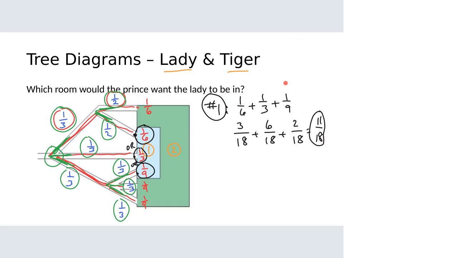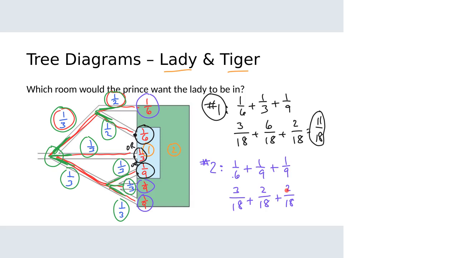Now let's look at room number 2. For room number 2, we could get in room number 2 this way, or this way, or this way. And so we need to add 1/6 plus 1/9 plus 1/9. 18 is going to work for a common denominator again. And multiply denominator by 3, so multiply numerator by 3, denominator by 2, denominator by 2.